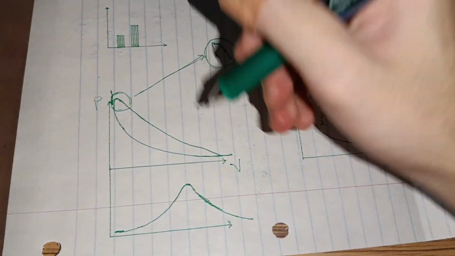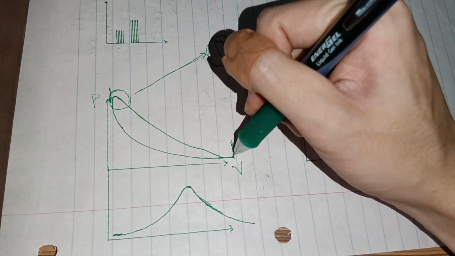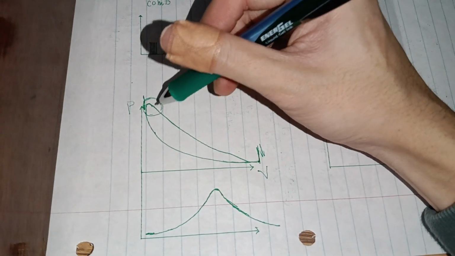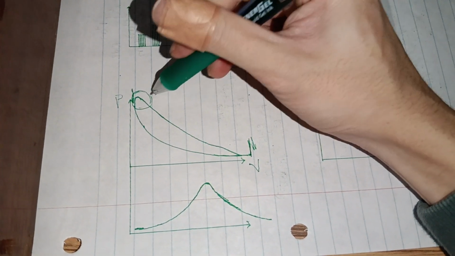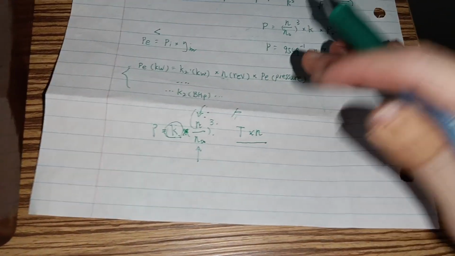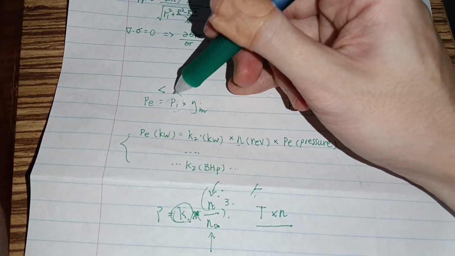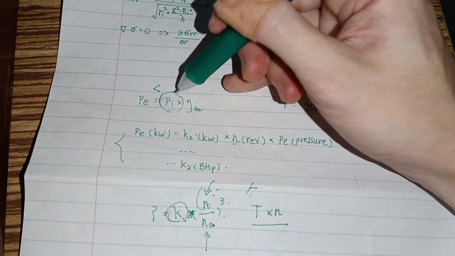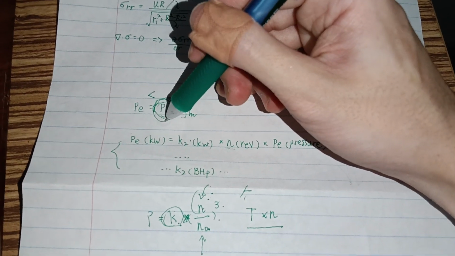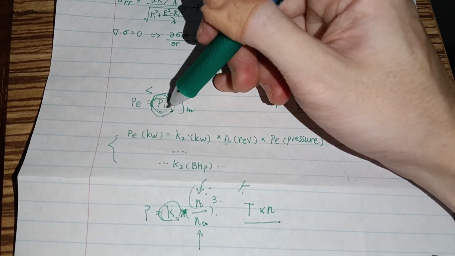So if you know the actual power and you know the movement of the piston, from here, this is the end of the engine, but if you know the distance here, the length, then you get the indicating pressure here.